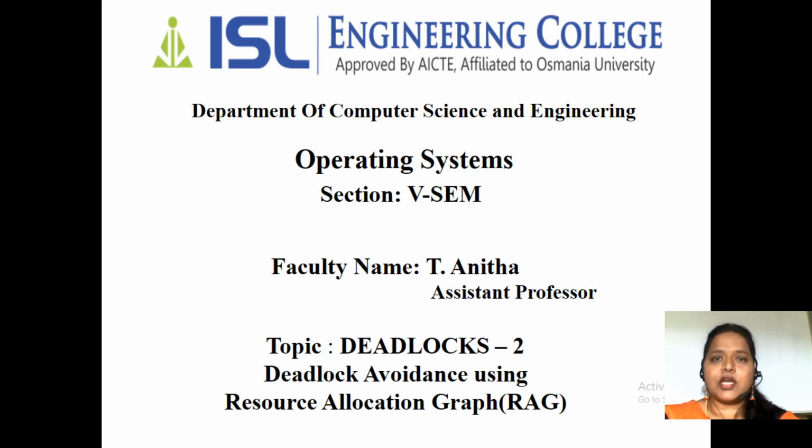Mutual exclusion, hold and wait, circular wait, and no preemption. If these four conditions are there, we can say that the system is in deadlock. So in deadlock prevention, we are violating any one of the four necessary conditions. I am not telling you to violate all four; if you violate any one condition, we will be free from the deadlock situation.